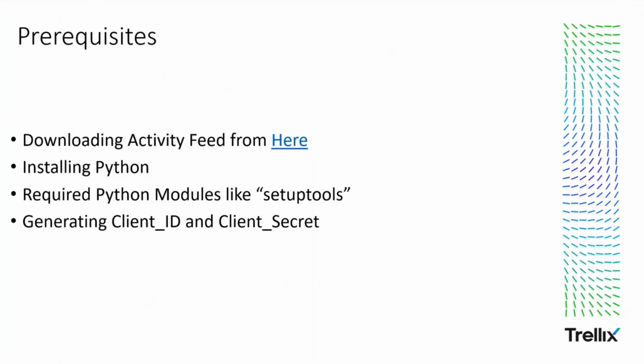This activity feed has been created using Python scripting, and you will need Python to be installed on the box. It can be a Linux OS or a Windows OS. Today, I'll first show you how we can use this activity feed on a Windows box. Later during the session, I will show you how to use this activity feed with Docker on a Linux box.